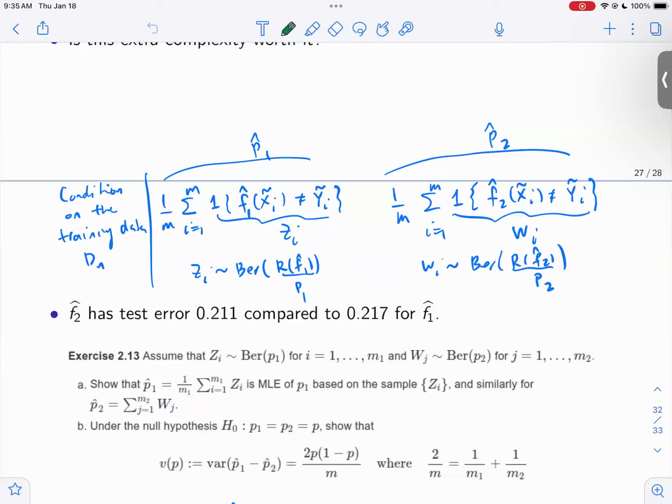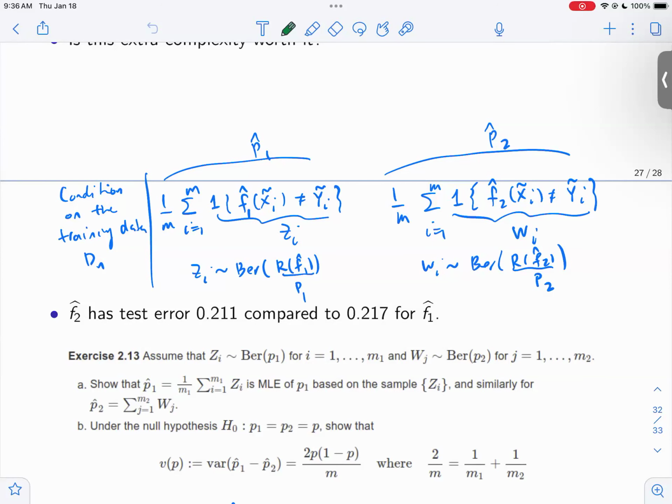The probability of this quantity at the population level is just the risk. And so this is an empirical average, just an average of a bunch of Bernoulli variables, each of which has this probability. The probability that this is 1 is just the risk. So you're sampling n Bernoulli variables, each with the correct probability that you want.